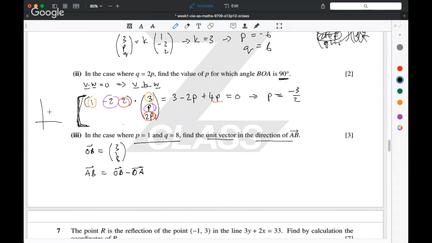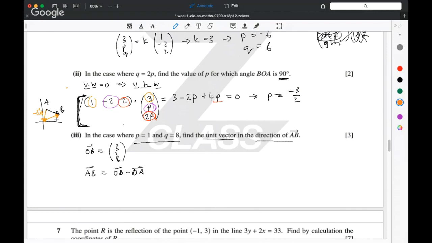And why is that? Well, if I imagine that I have some A and some B, this is not what they actually are, just for reference. If I want the vector pointing from A to B, that's the same thing as going from A to 0 and then from 0 to B. Well, from A to 0 is the opposite of going from 0 to A, so this must be minus OA.